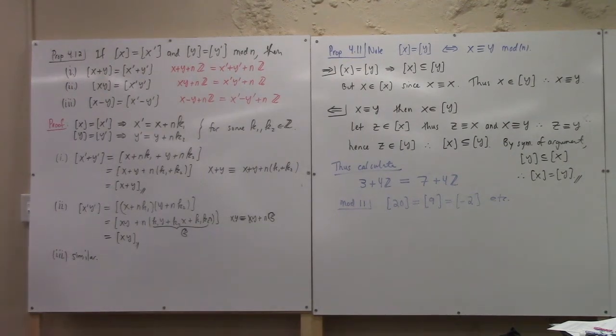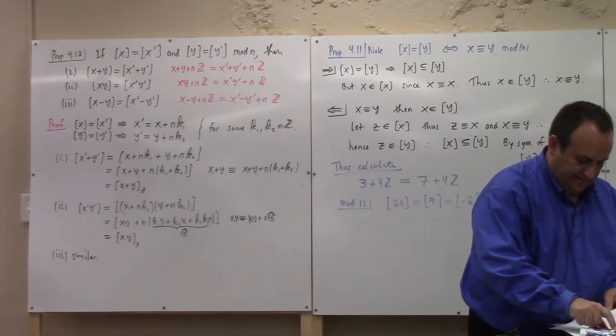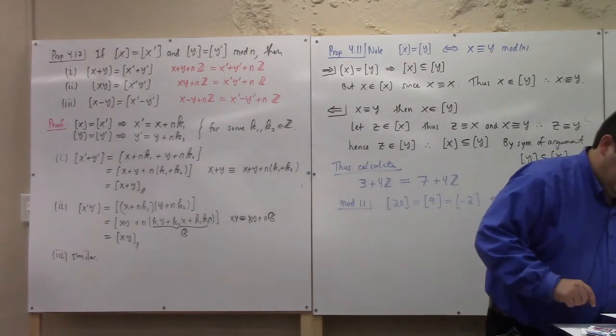What does this mean? What do these propositions mean? I mean, what is the significance of these here?